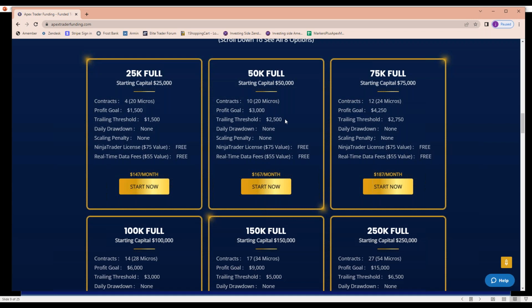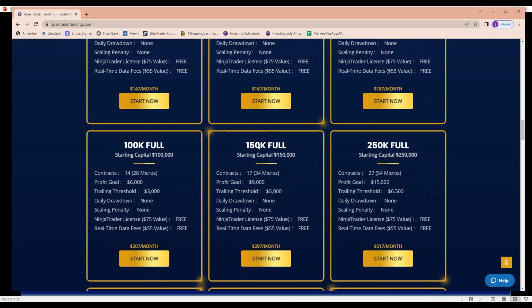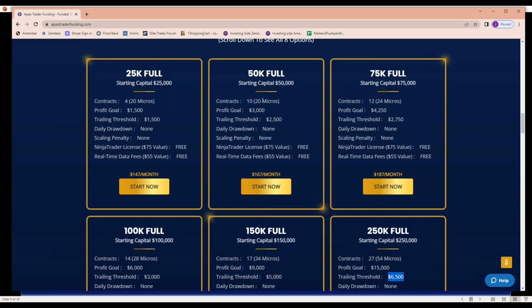My strategy doesn't have huge big stops, so I don't need a huge trailing stop. 2,500 bucks, 2,700 might be fine. Some of you say, well, I stay in the market for a long time. I ride those trends. They can really pull back against me sometimes. I want something with a little bit higher stop threshold, or I like to trade a lot of contracts. There's no right or wrong here. It's about what works for you, okay? So you choose which plan you want.